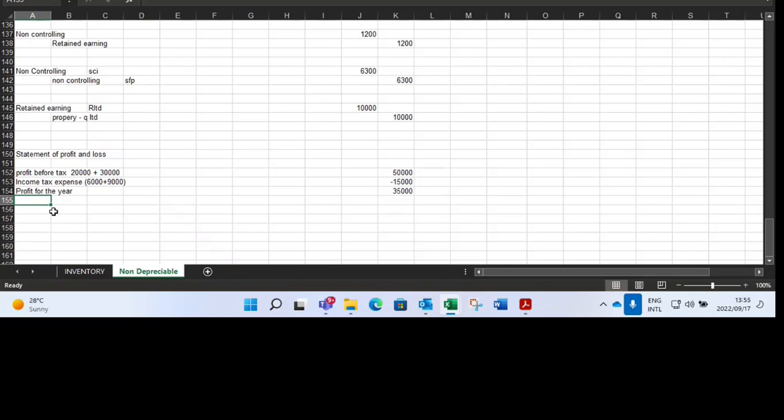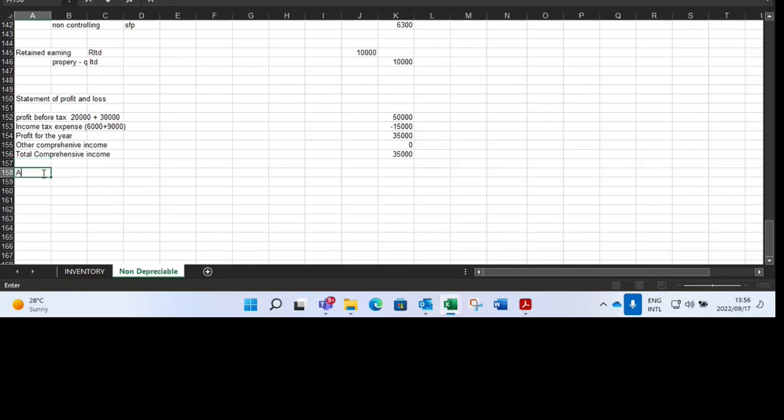And then we have other comprehensive income of nil. Then total comprehensive income, $35,000.